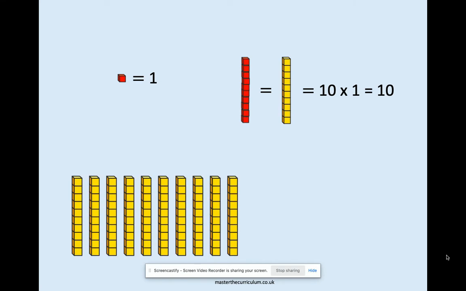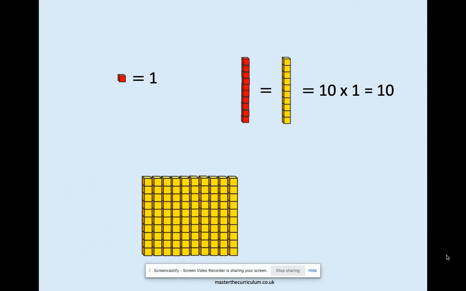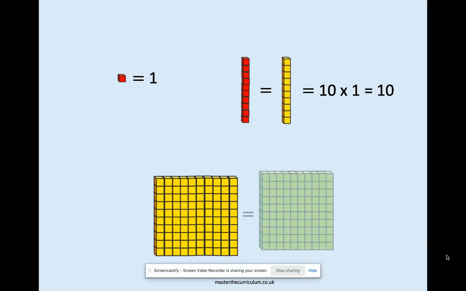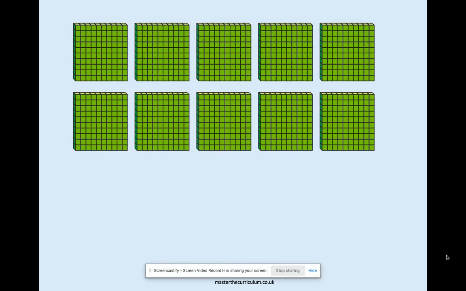If we have 10 of those, we put them all together, we get the flat board that is 10 times 10 equals 100. So 100 little squares put together. And if we have 10 of those 100 squares, we end up with 1,000. Now today you will use some of these in the work we're going to do online, as well as the work that you're going to do on J2 Launch.